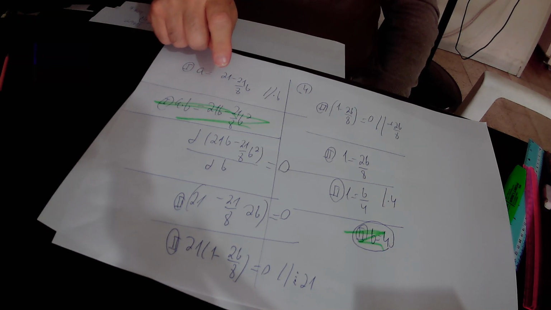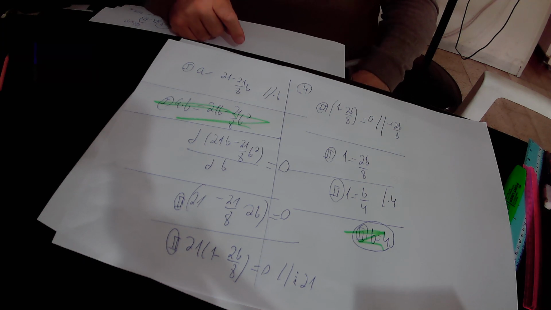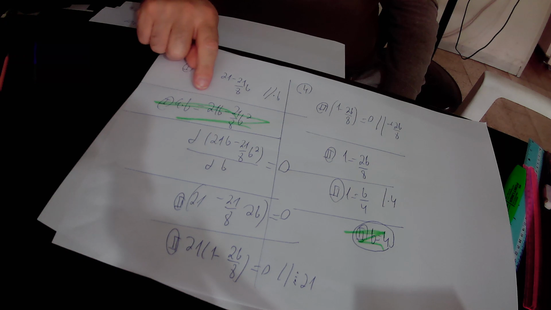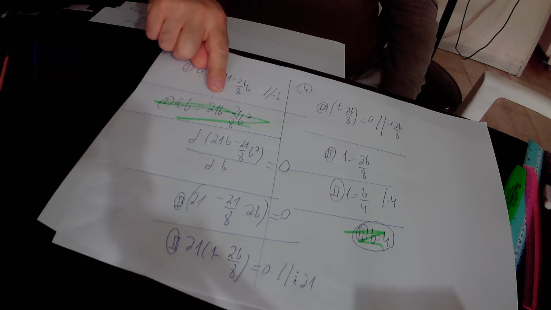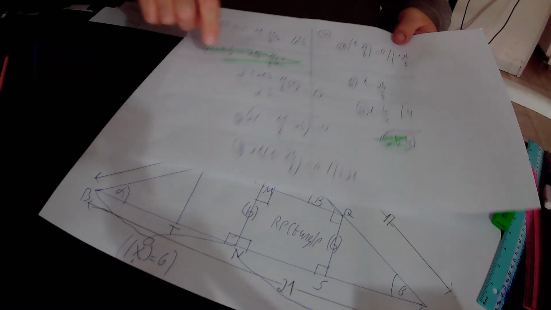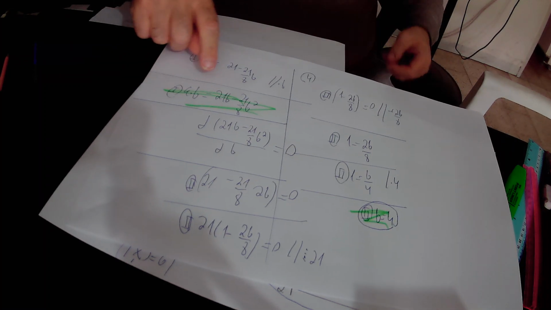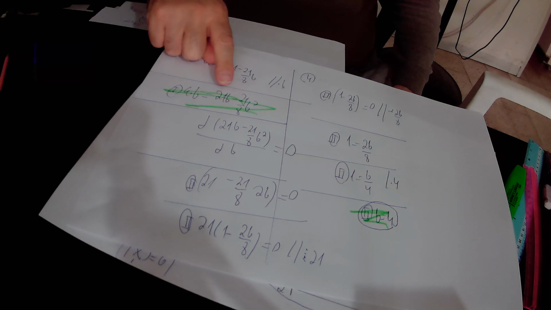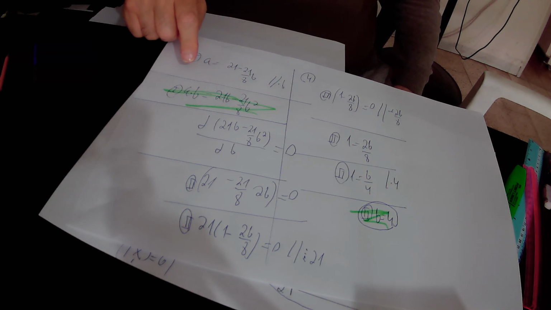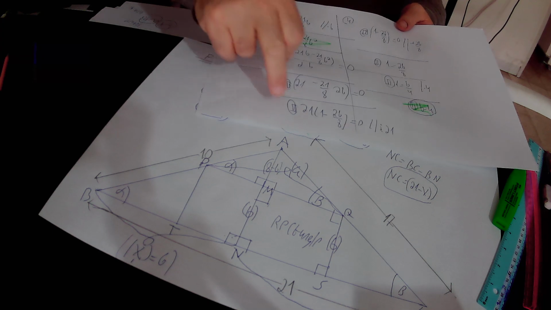Okay, so first of all we differentiate the area function of this rectangle PQST. The derivative of this expression equals d of the function 21B minus 21 over 8 B squared, that is the area of this rectangle PQST.